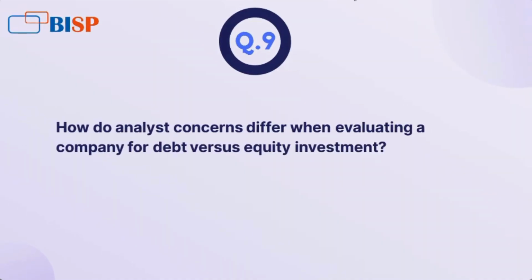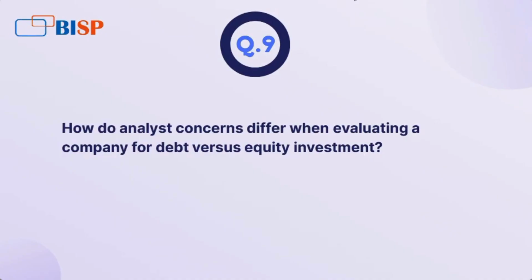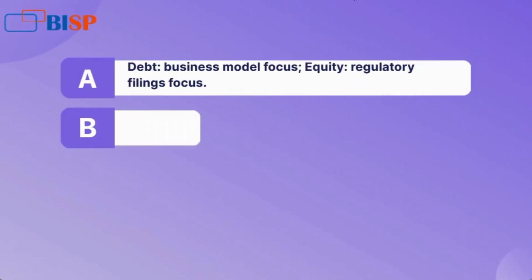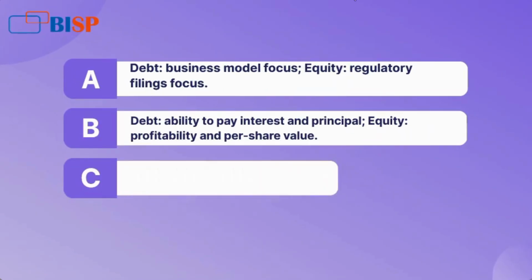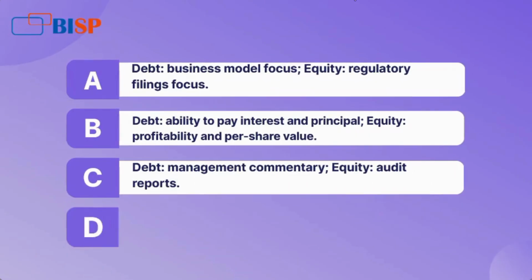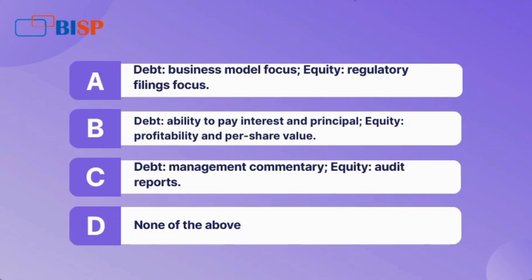How do analyst concerns differ when evaluating a company for debt versus equity investment? A. Debt, business model focus, equity, regulatory filings focus. B. Debt, ability to pay interest and principal, equity, profitability and per share value. C. Debt, management commentary, equity, audit reports.